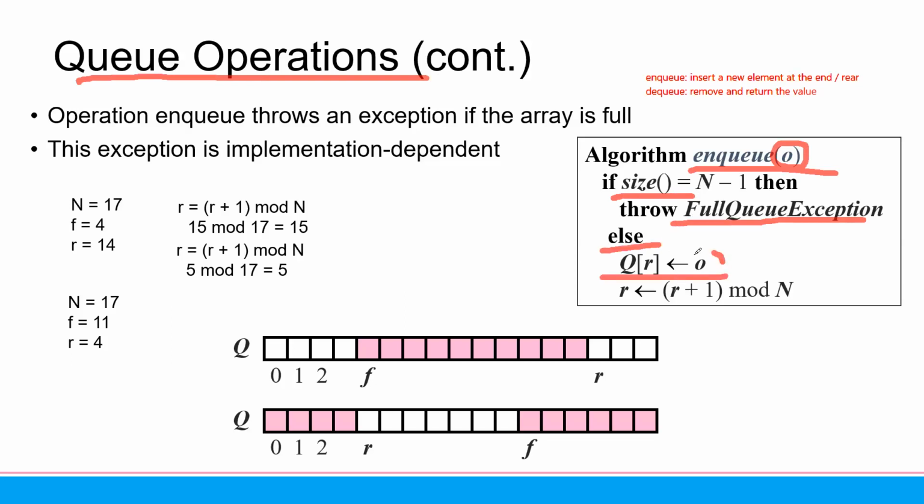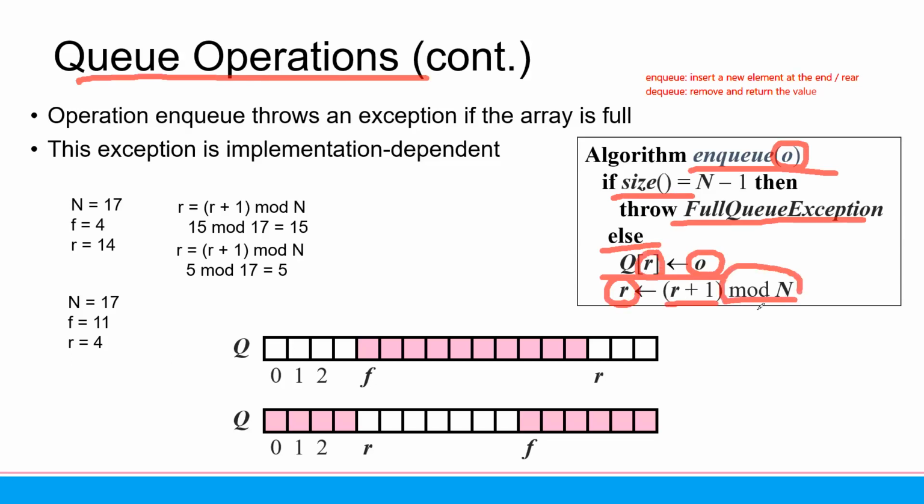Otherwise, you can put the object in the position of R, and then you can set R with a new number. What is the new number of R? It will be R plus 1 modulo n.